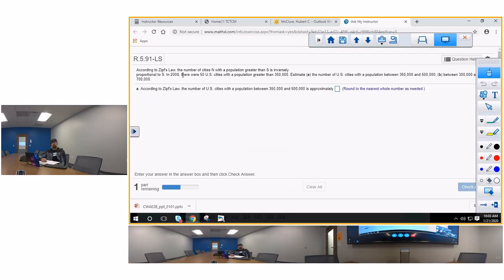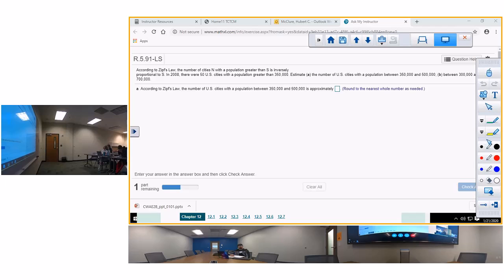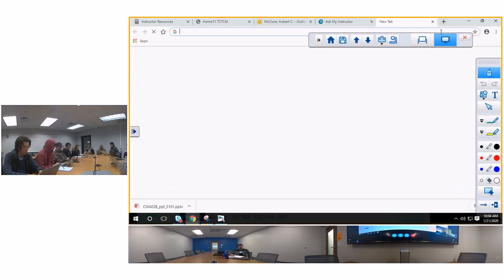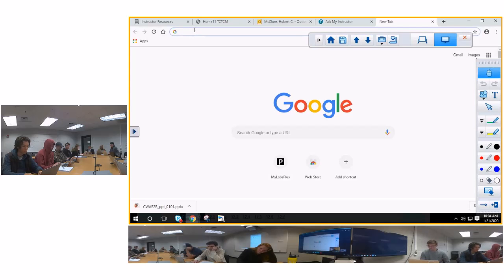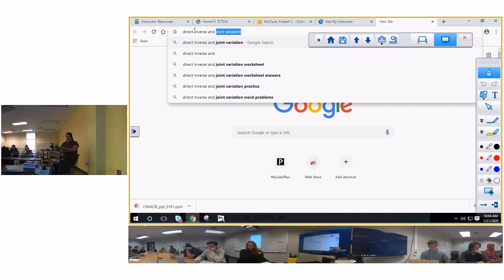According to Zipf's law, the number of cities with a population greater than S is inversely proportional to S. So let's go ahead and rewrite that. Let's go to Google right quick. Direct, inverse, and joint variation.